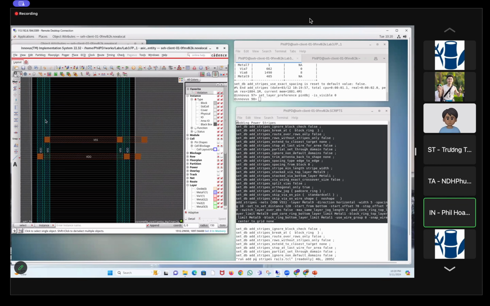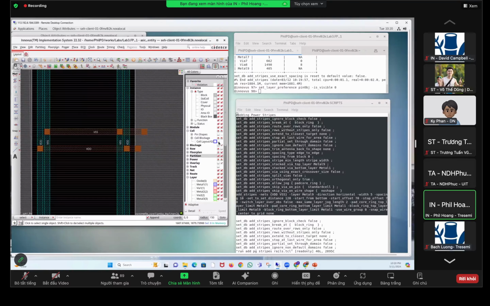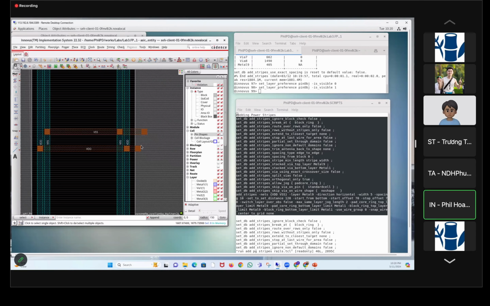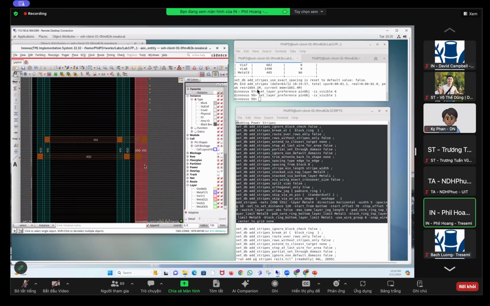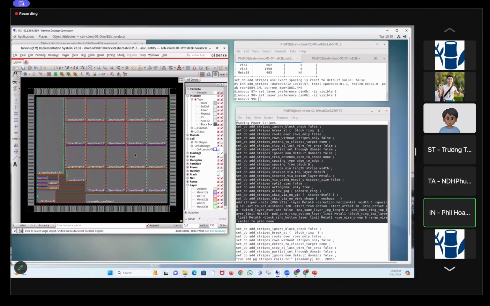See VSS connects to VSS, VDD connected to VDD. So it sees the pins here, and the pin here is a different layer. It may be metal 2. So we go down from metal 9 to metal 2. So that's what this stripe, horizontal, does.